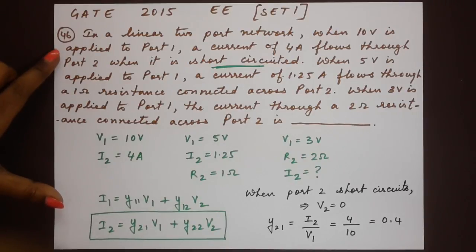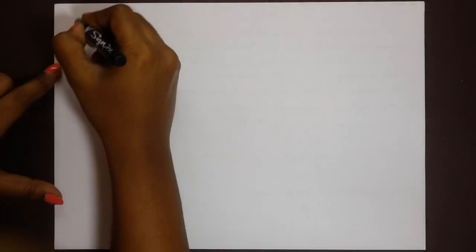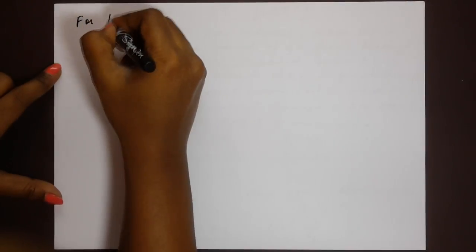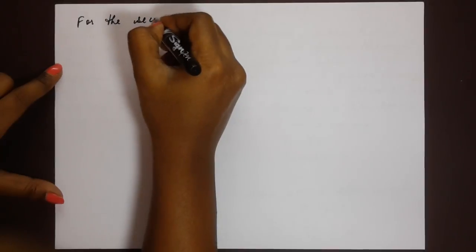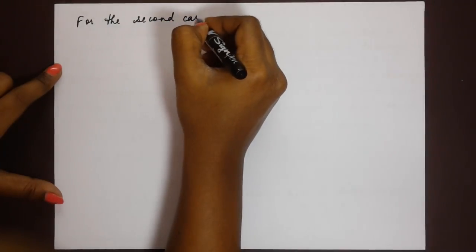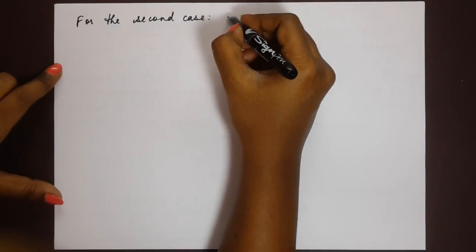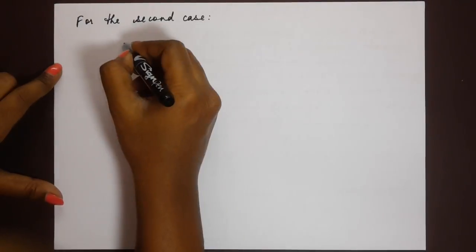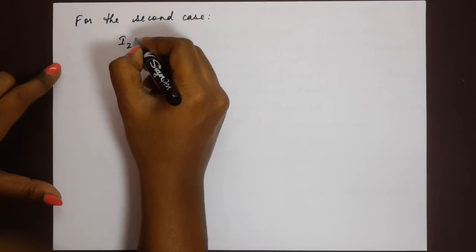Now we use the second case. The second case we have our values as V1 5, I2 1.25 and R2 is 1. So let me just write this down here. For the second case, I'll write down the equation again first.